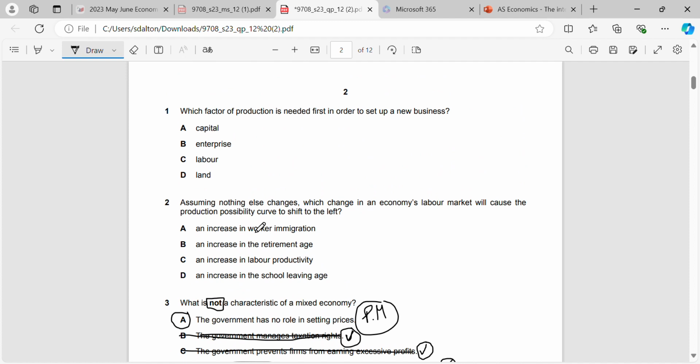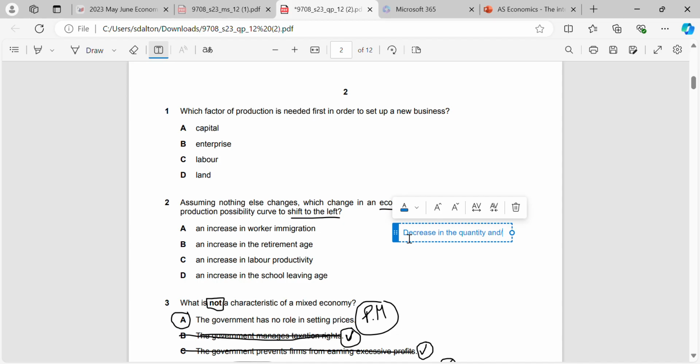Question 2. Assuming nothing else changes, what change in an economy's labour market will cause the PPC to shift to the left? Okay, so what we're looking for here is a shift to the left. We know that we're looking for a decrease in the quantity and or quality of resources. Okay, so increase in worker immigration.